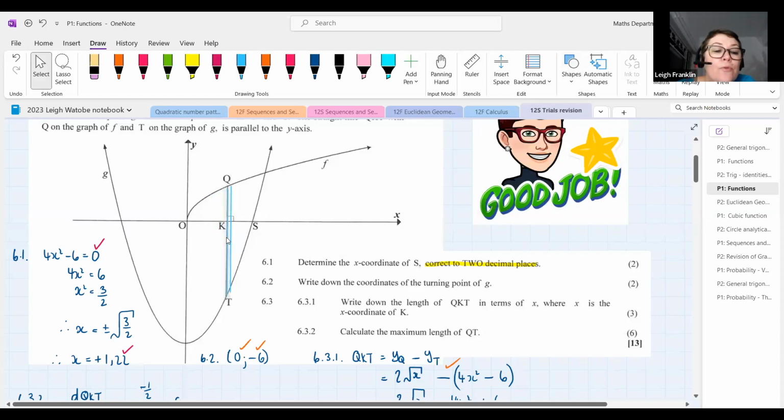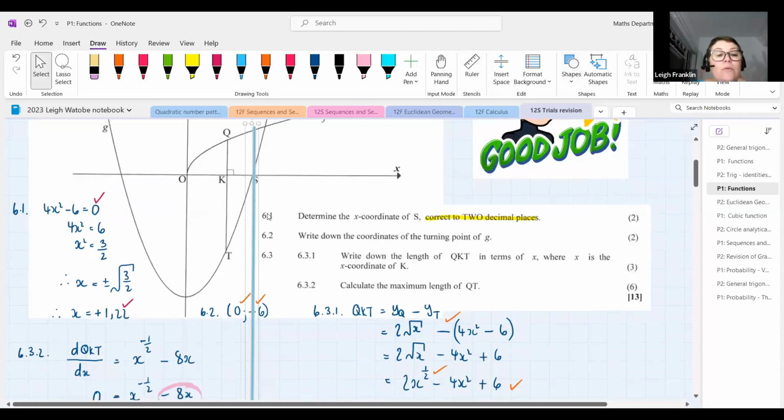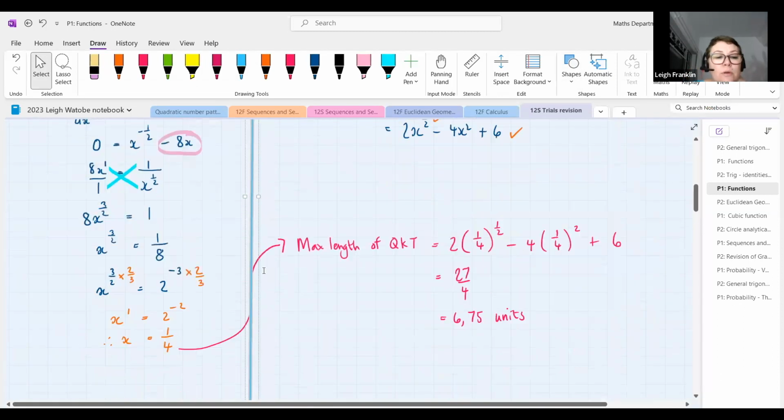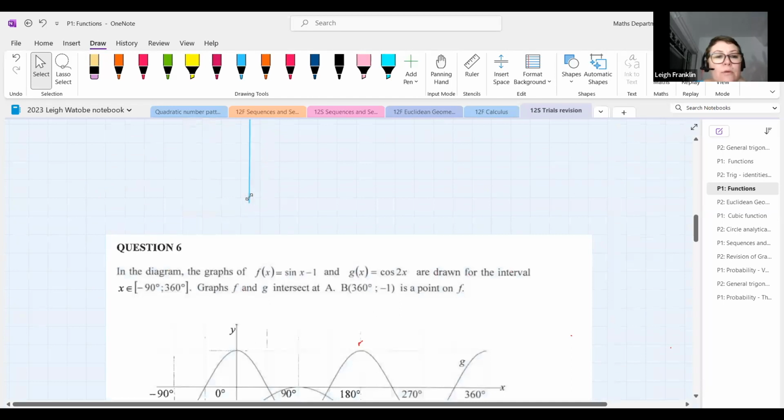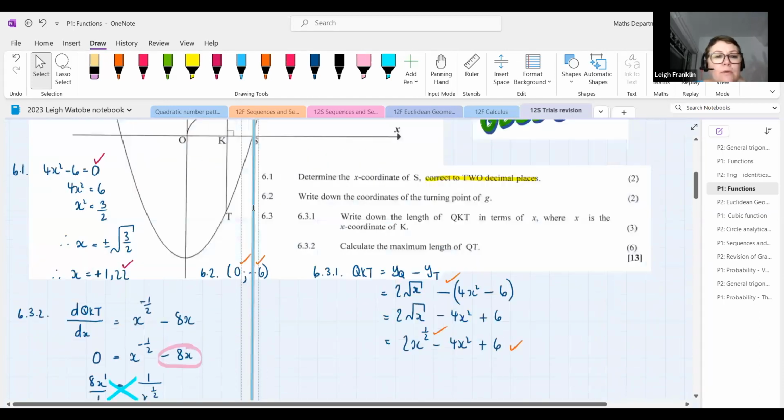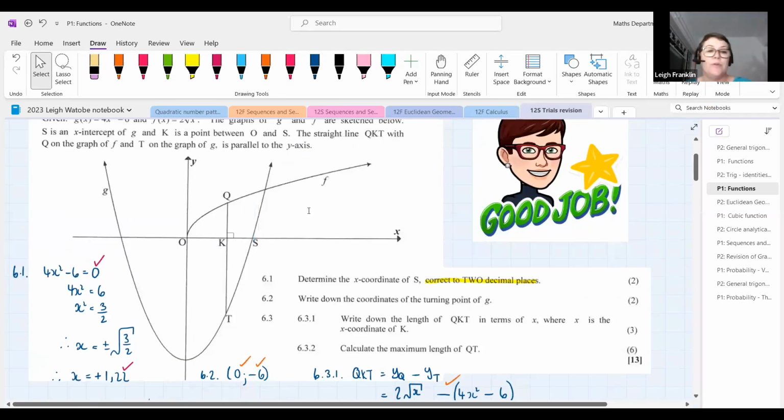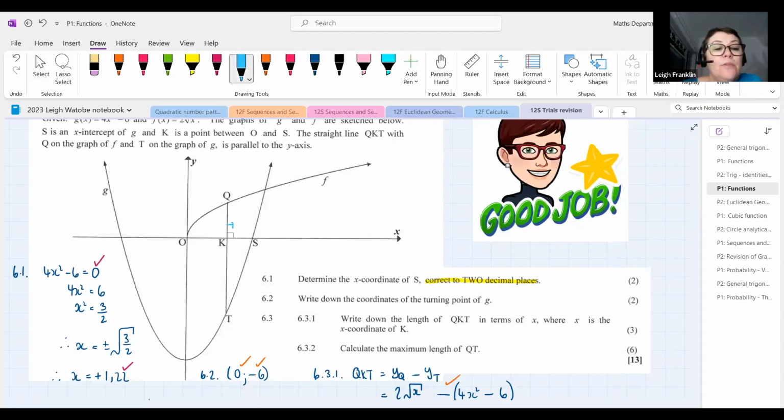If I was to move QKT over to this side, it would become shorter and shorter and shorter.